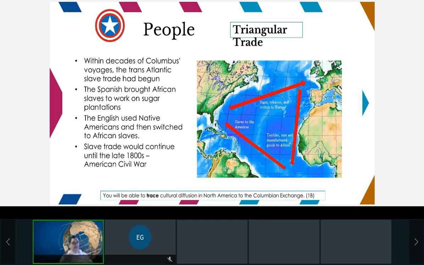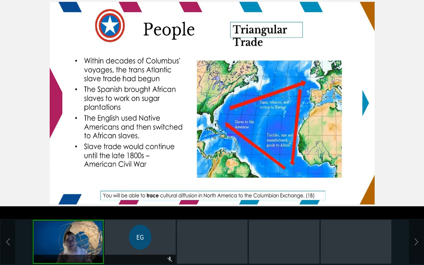In Europe, they're being made into manufactured goods, and then they're being brought to Africa and exchanged for what? Yeah, I added more to this PowerPoint, guys. Okay, now in Africa, what are they being exchanged for? On the west coast of Africa, slaves.